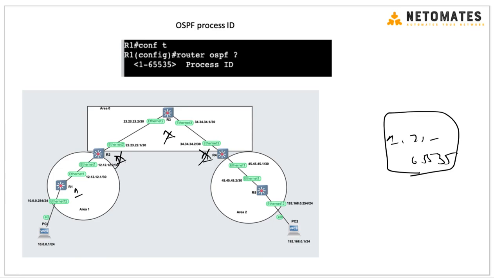The OSPF process ID is unique and local to the router. That means this process ID, router 1's process ID, has no importance from the perspective of any other routers.